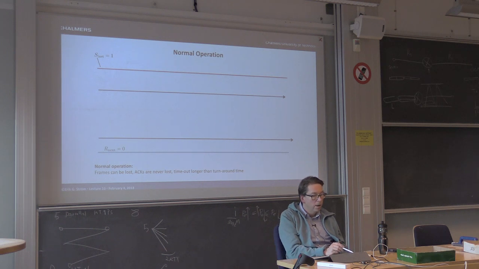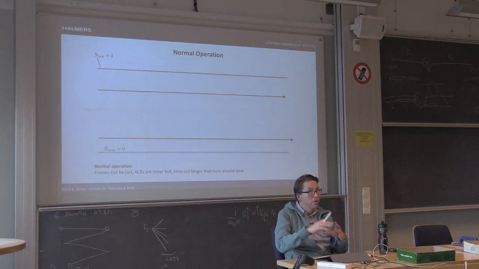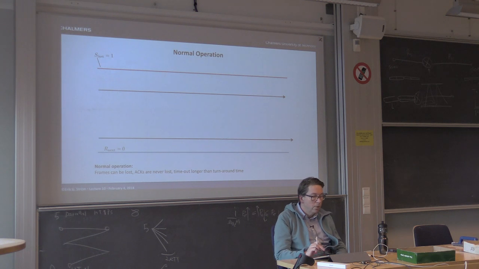And then we will see that means that the transmitter should have its S last equal to 1. Because remember what S last means. Semantically it's the sequence number of the last transmitted frame. Okay, there is no last transmitted frame here, so we'll just say there was number 1.